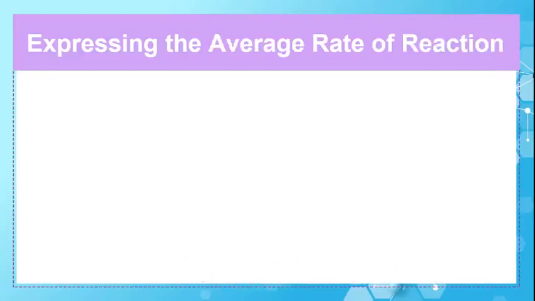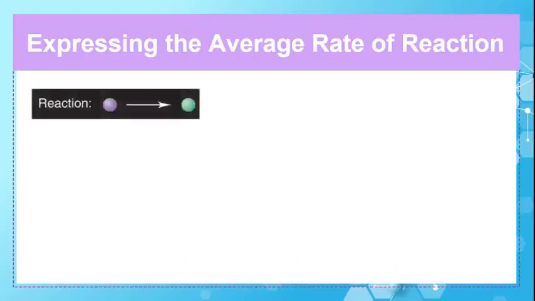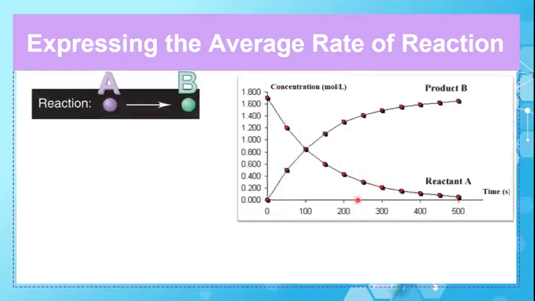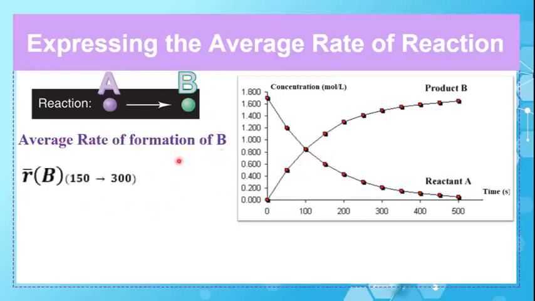Let's go back to the reaction of video 1, where a reactant A produces a product B. These are the kinetic curves of A and B. To determine the average rate of formation of B, we have to express it by rate R, the letter R, with a dash for average.